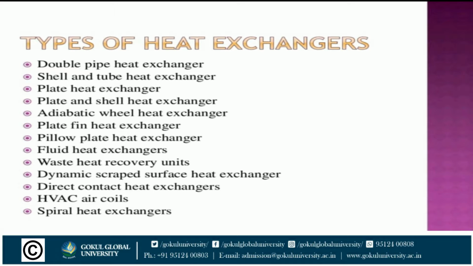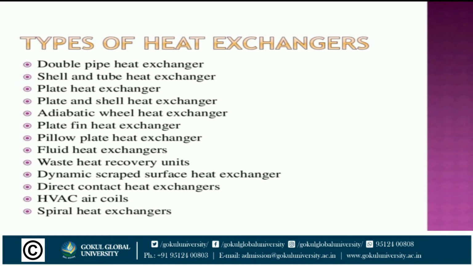So, plate and shell heat exchanger. A third type of heat exchanger is a plate and shell heat exchanger, which combines plate heat exchanger with shell and tube heat exchanger technology. Plate heat exchanger: another type of heat exchanger is the plate heat exchanger. These exchangers are composed of many thin, slightly separated plates.